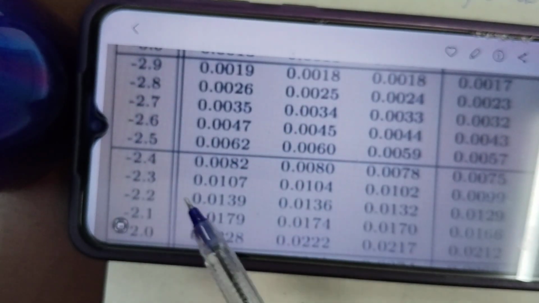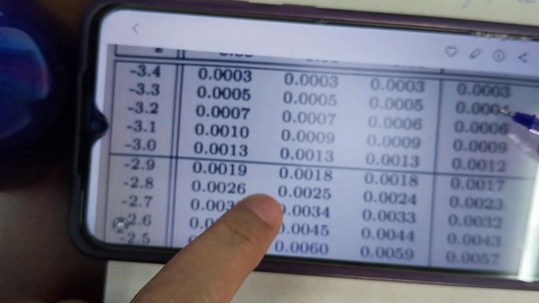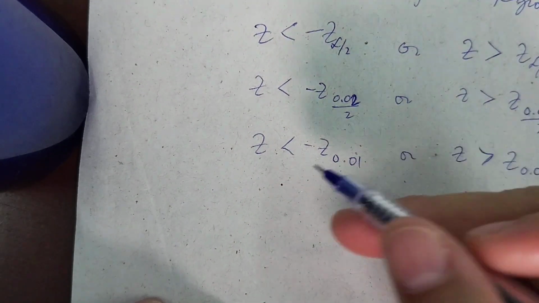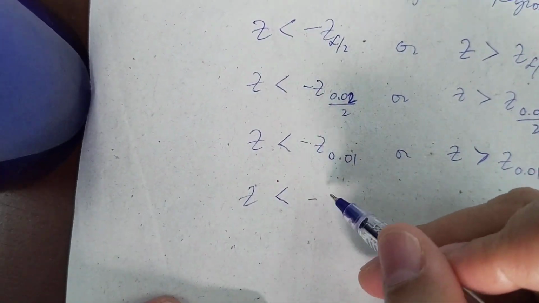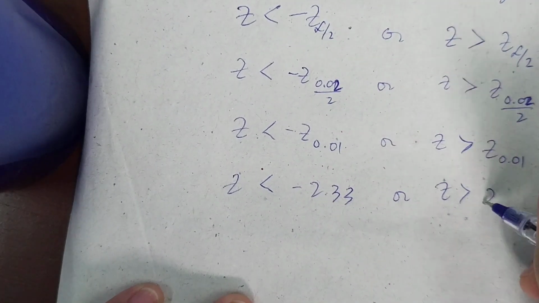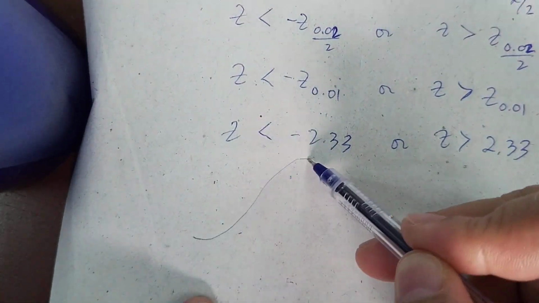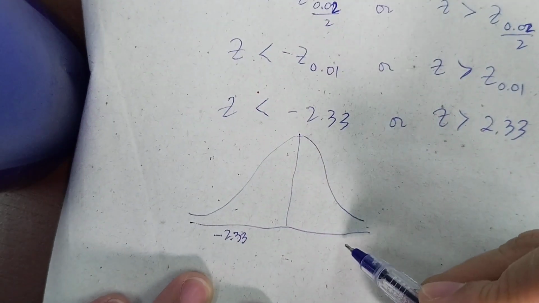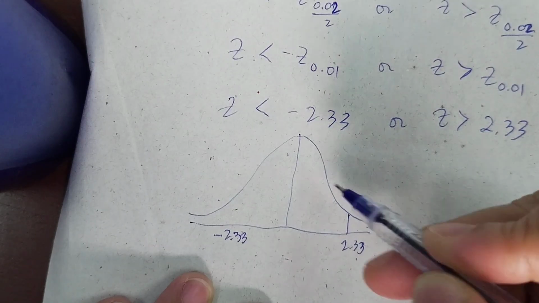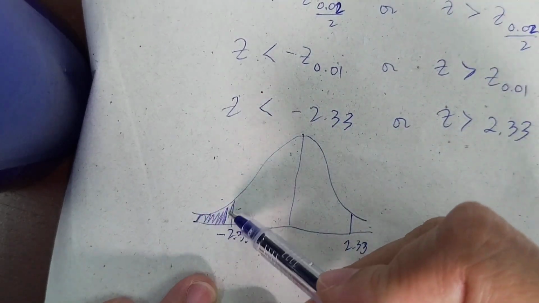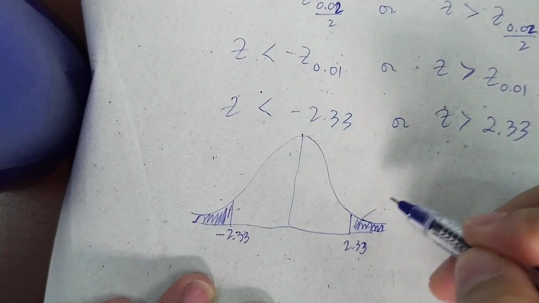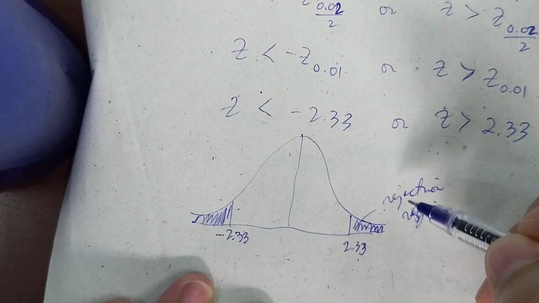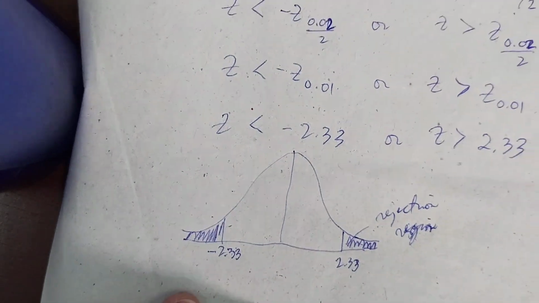We have negative 2 point, what's the column there? 2.33. So we have Z less than negative 2.33 or Z greater than 2.33. If we draw the critical region using the normal curve, we have negative 2.33 and positive 2.33. Less than negative 2.33 or greater than 2.33 are the critical regions. This is the rejection region or critical region. Opposite of the rejection region, we have the acceptance region, which is bigger. That is now our critical region.